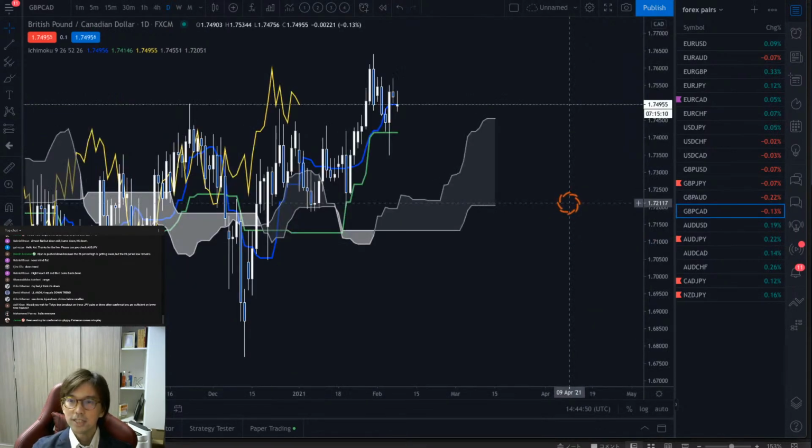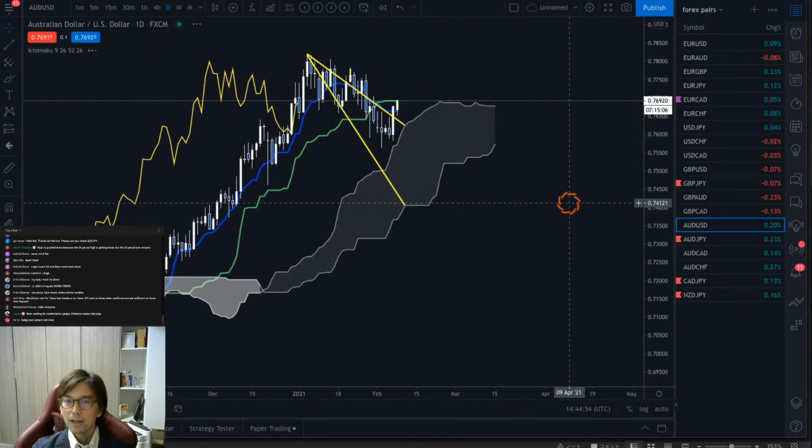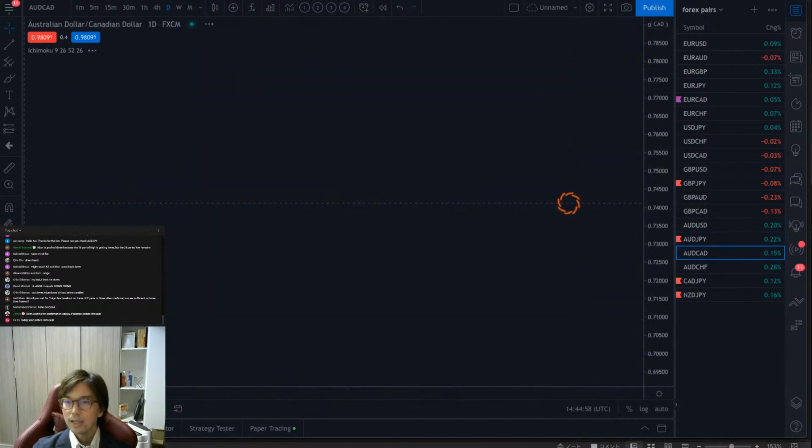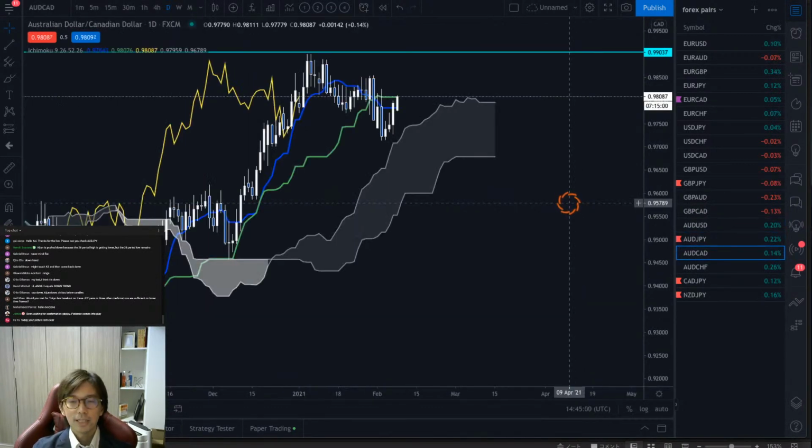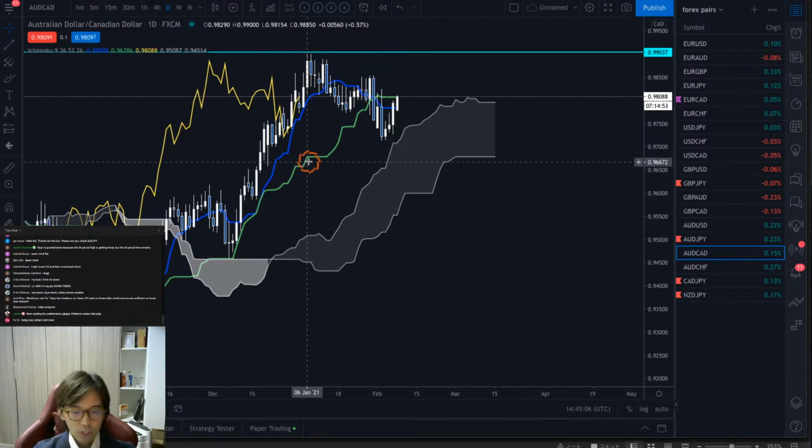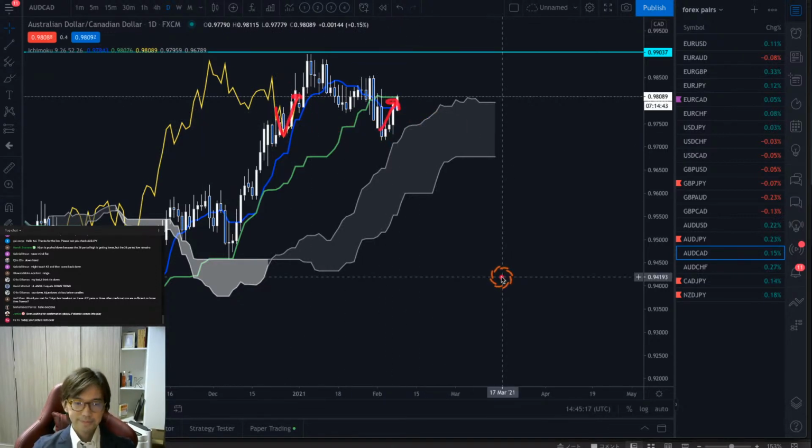So this one is also ranging, Pound CAD is ranging flat, AUD USD is ranging too, it's flat, and AUD CAD flat ranging with the Kumo, Tenkan-sen, Kijun-sen flat, Chikou span touching also, and there is a nice Chikou span synchronization. Chikou span moves along with the candles, which is another typical move of Ichimoku.